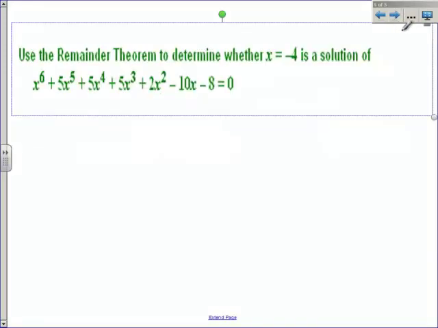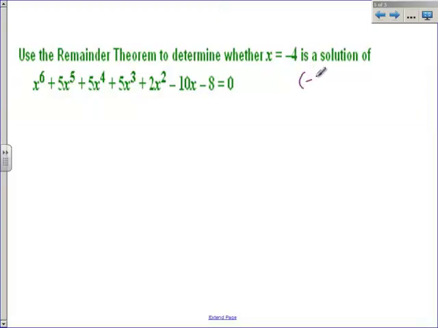So let's go to our last example here for the real reason we're learning this. Use synthetic division to see if we have found a factor, a solution, a root. And this is a big, long polynomial here. Now, if this is a solution, this means that I'm going to get negative 4 comma 0. I'm going to find a root there.